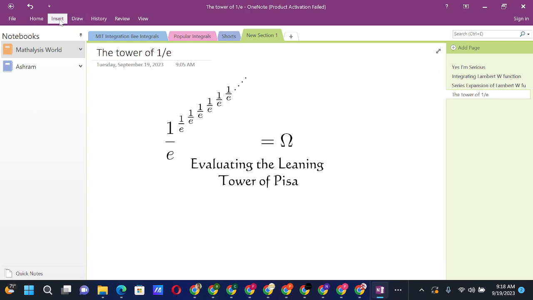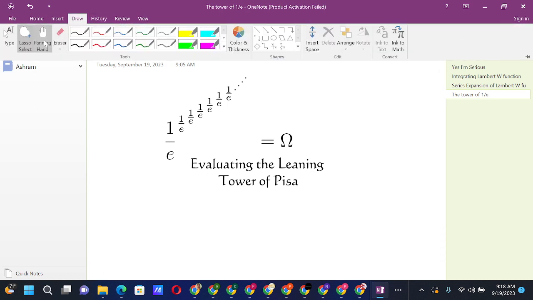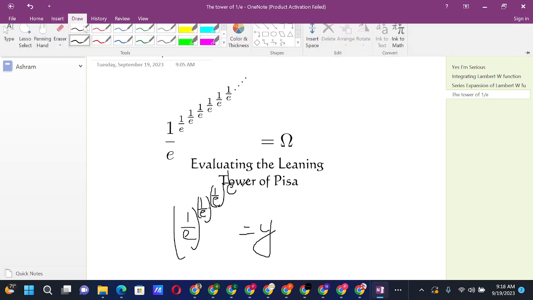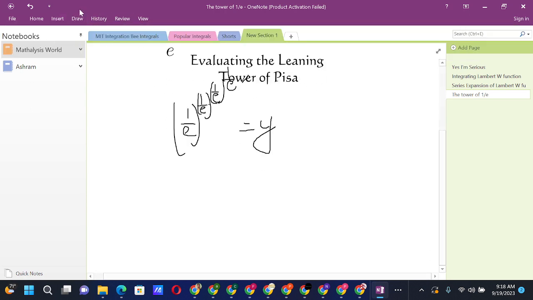Okay, so we have this tower 1/e to the power 1/e to the power 1/e to the power 1/e and so on. First of all, let the value of the tower be y.